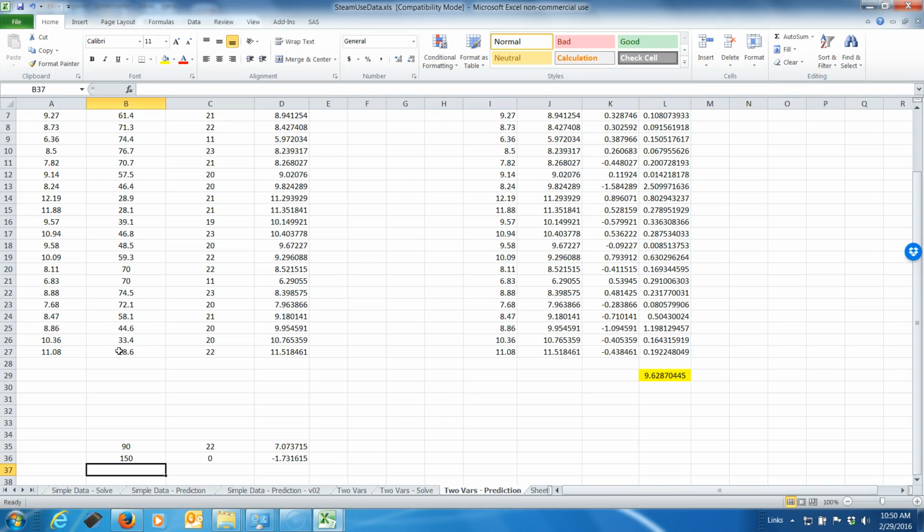Suddenly, when we get to some very extreme values, you'll notice something. You can get some values that don't make sense. You can't use a negative amount of steam. Of course, 150 degrees out, that's not going to happen. However, let's just buy the premise that it did happen. You now get a negative amount of steam.